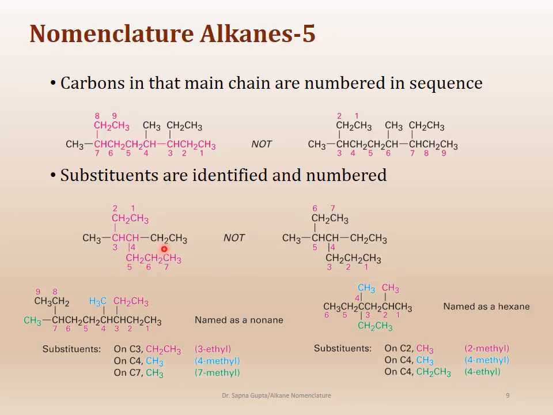Here are some more examples for you to look at. I will not go through all of them, but look at all of these and see if you have any trouble or if you're encountering anything that you don't understand, then I can help you out, because we will do this in class. So look at the numbering, look at the long chain and how it goes. This is quite twisted, which is kind of what I do to you.